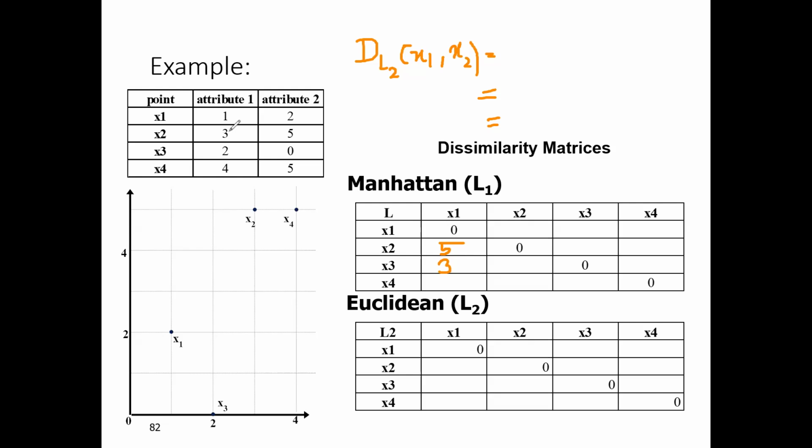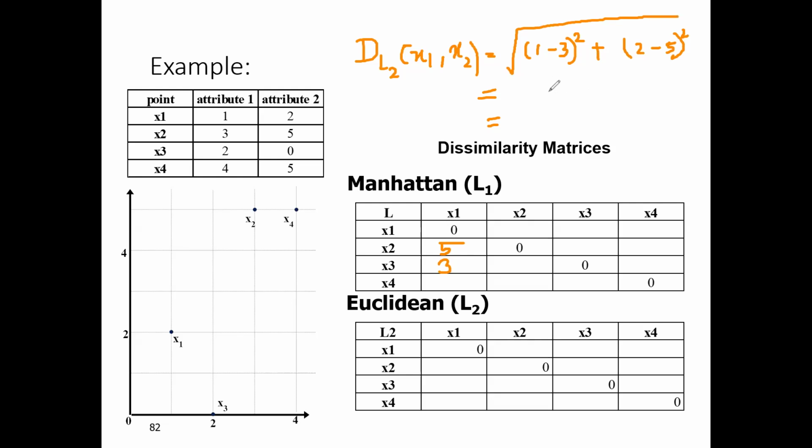So between x1 and x2, what we need to do is 1 minus 3, we have to square them, plus 2 minus 5, you have to square them, and then you get the square root.